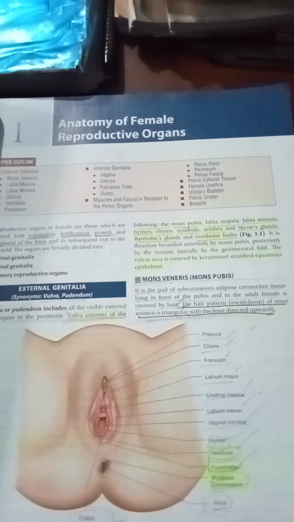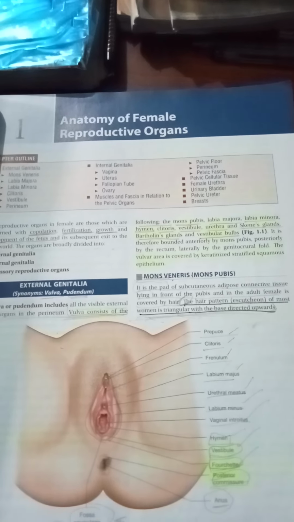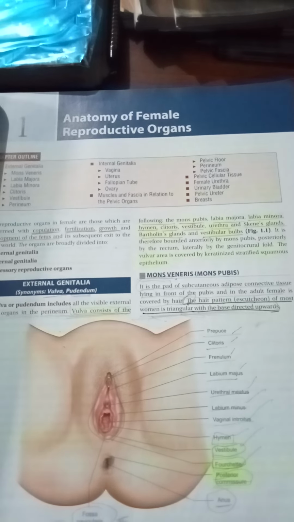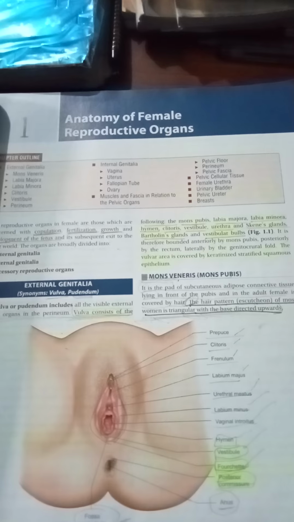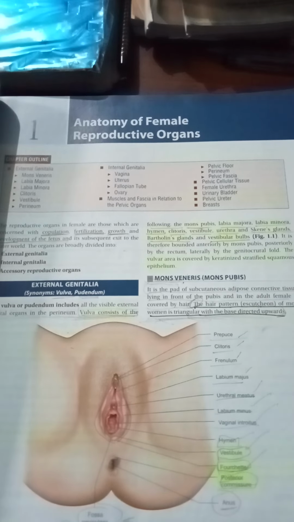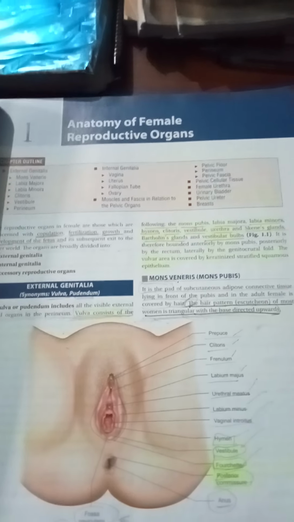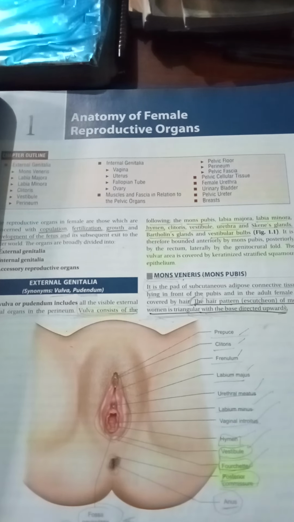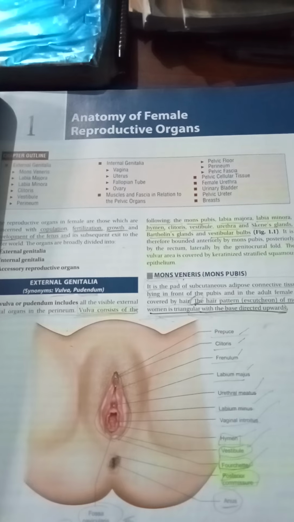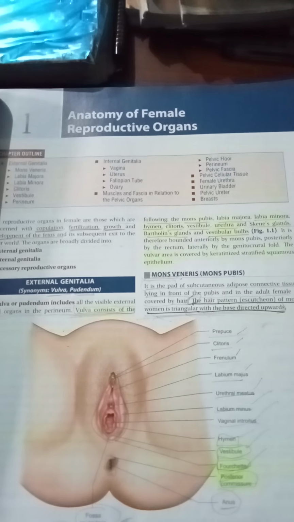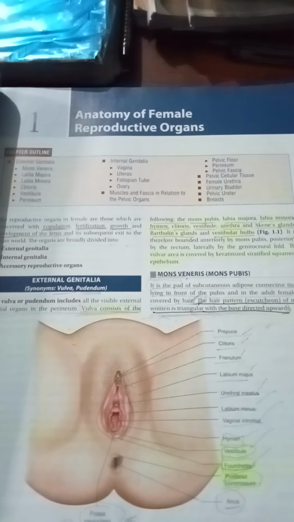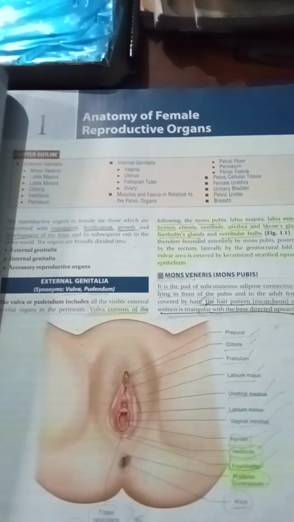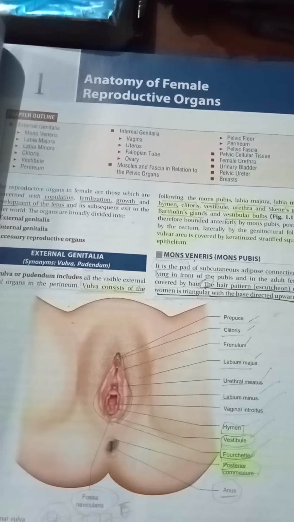The vulva consists of, and bounded by mons pubis anteriorly. The vulva area is covered by keratinized stratified squamous epithelium.